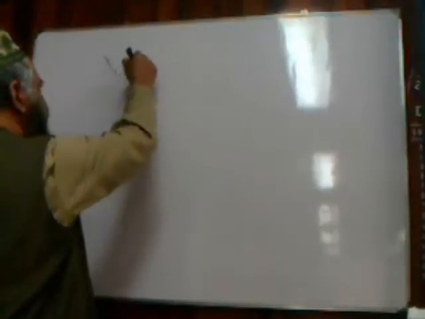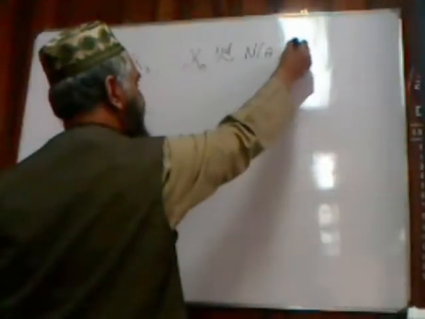So basically we start by noting that there is x1, x2 up to xn. These are IID normal theta, sigma squared.